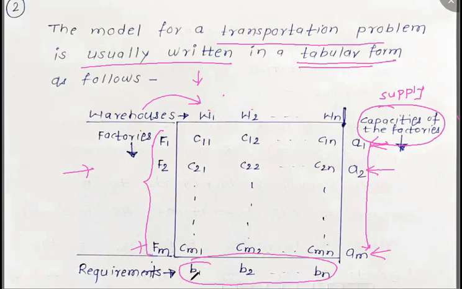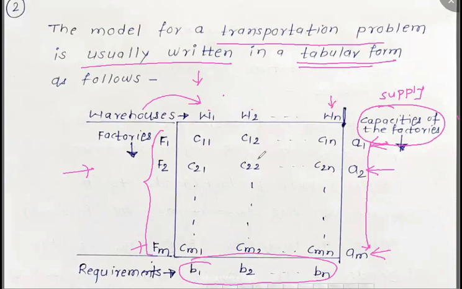B1 denotes the quantity of goods required at W1, B2 denotes the quantity of goods required at the warehouse W2, and so on. Bn denotes the quantity of product required at the warehouse Wn.